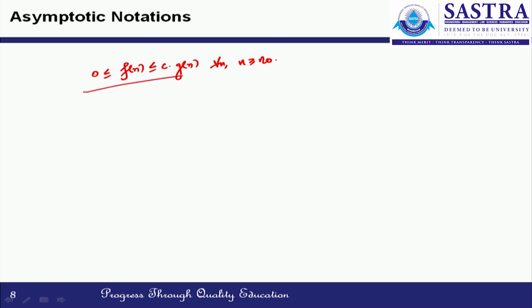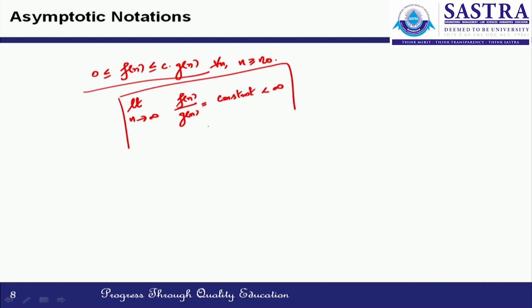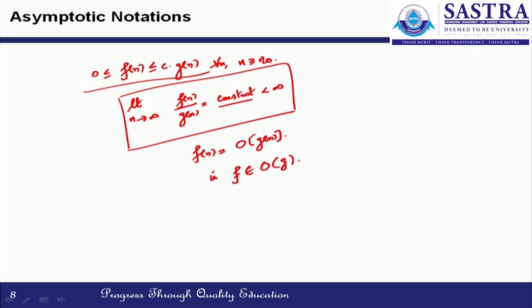In that case, when applying the limit to this inequality, we have the limit as n tends to infinity of f of n by g of n is equal to a constant, and the constant is less than infinity. So, when the limit as n tends to infinity of f of n by g of n is equal to a constant which is less than infinity, we can say f of n is equal to big O of g of n, that is f belongs to big O of g.